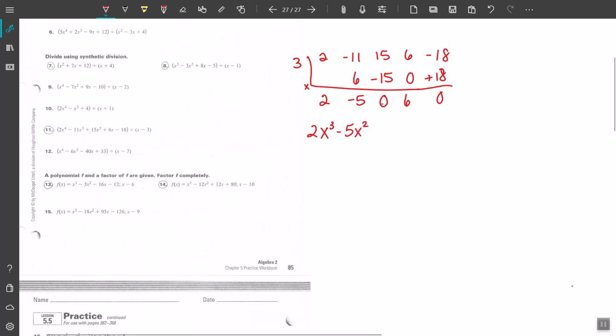Now I have 0 here, so that really means plus 0x. I don't need to write it in though, because we don't typically write in when we have a 0 coefficient. I'm going to do it just right now, just to hold that space to show you. And then there's my constant, no remainder. But the final answer, we would want to take out that 0x, and we would just end up with this right here.